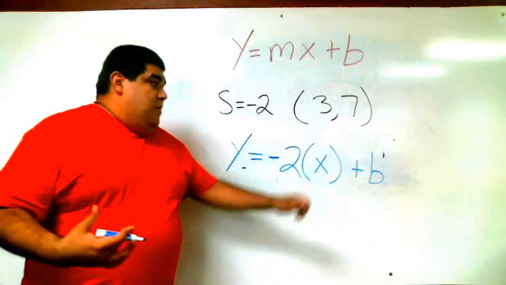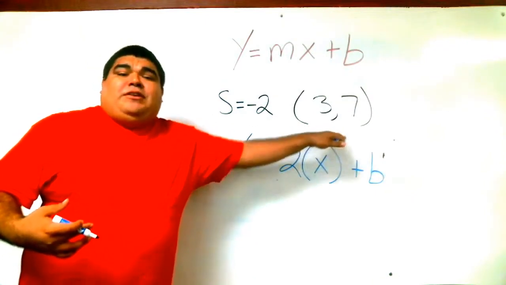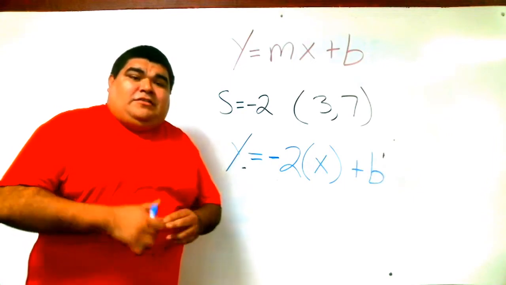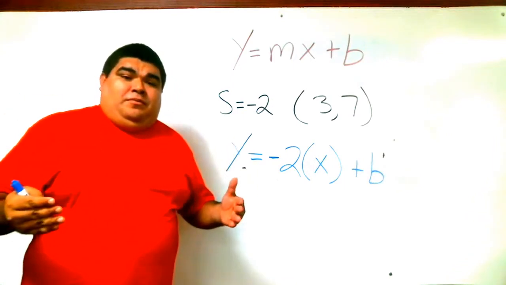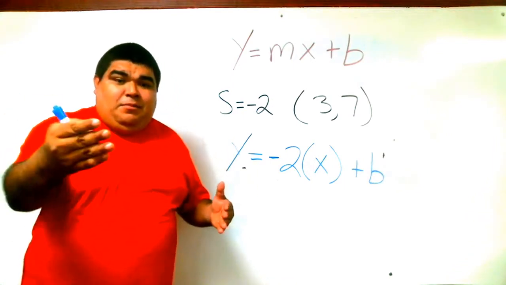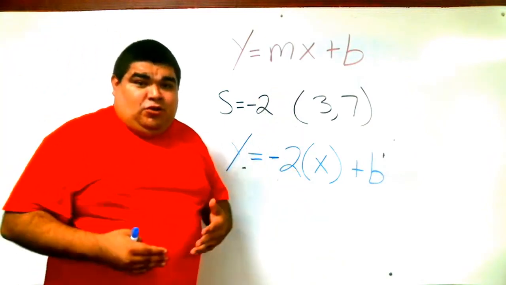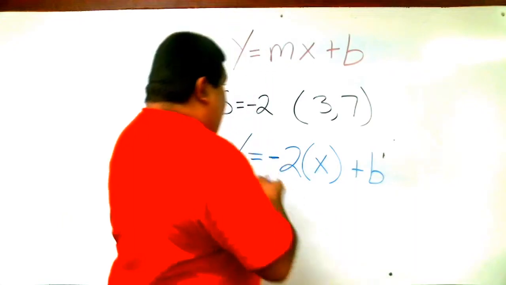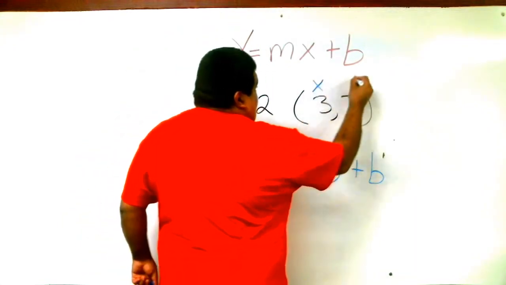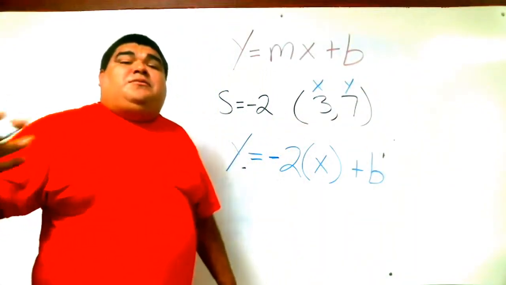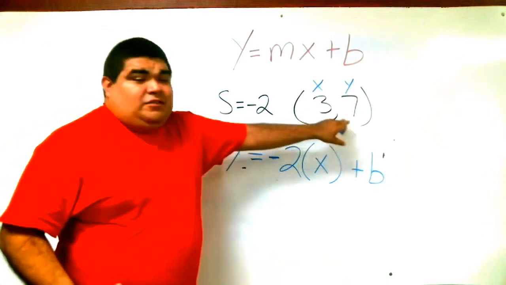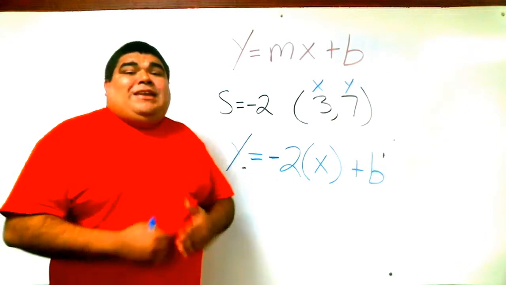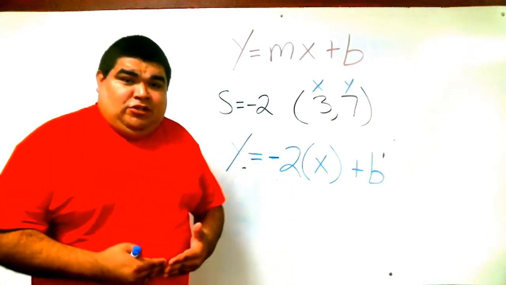Notice that we have this coordinate, this point, that the line passes through. What is the thing we always have to do first? Label it, right? We have to label it, to make sure we don't mistake the x and the y. So we have x, the first one, then y, because x comes before y in the alphabet. Now that we have x and y, we can plug it into the equation.